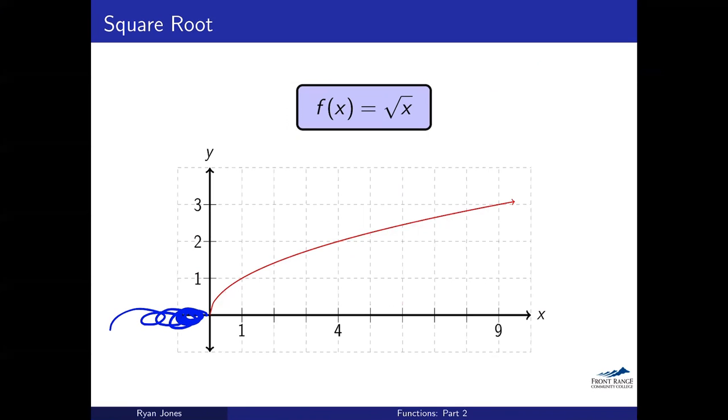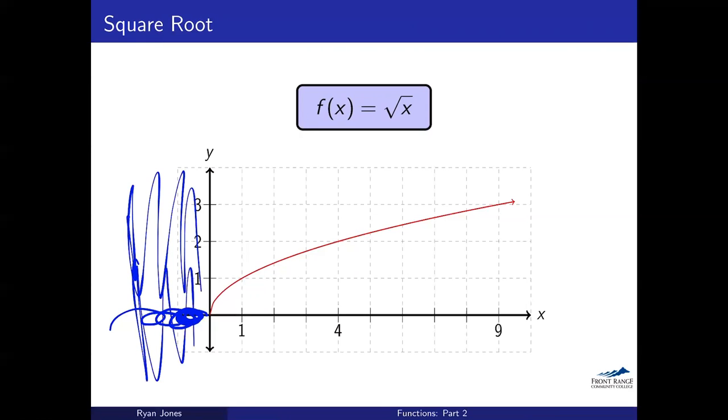I'm not even allowed to plug in a negative x, so I can't have any part of my function in this entire region over here. 0 is the smallest x that I can plug in, and that's why I start right there on that orange dot, or orange X marks the spot. Instead of an X, let's make that a star. That's why I start right there.